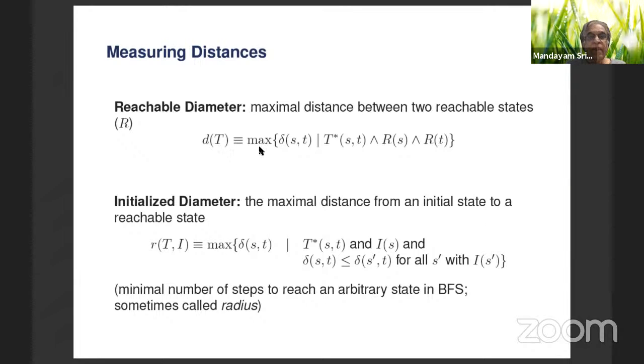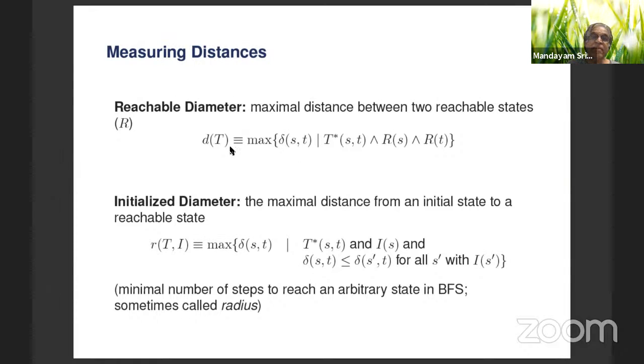So among all the states that are in the reachable set, among all pairs of states that are connected, that means there is a path between those two states.